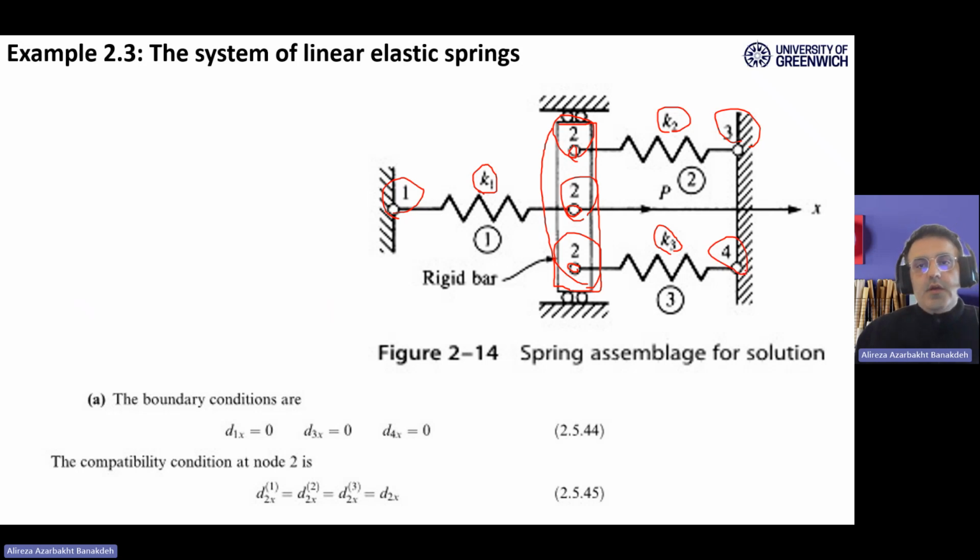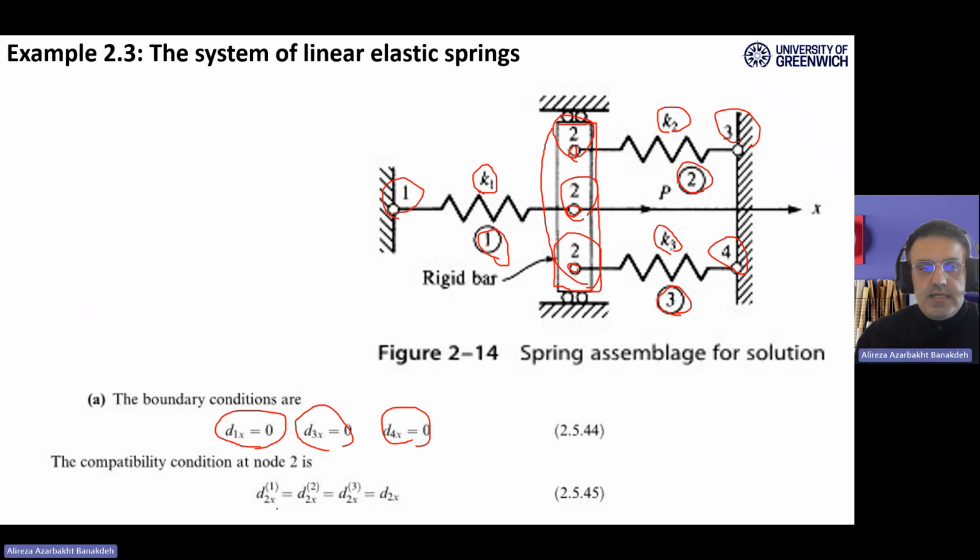So you have altogether four nodes and you have three elements. Element number one, element number two, and element number three. And obviously for the support conditions, D1 is 0 and D3 and D4 are 0, and only the deformation in the node number 2 is free to move.